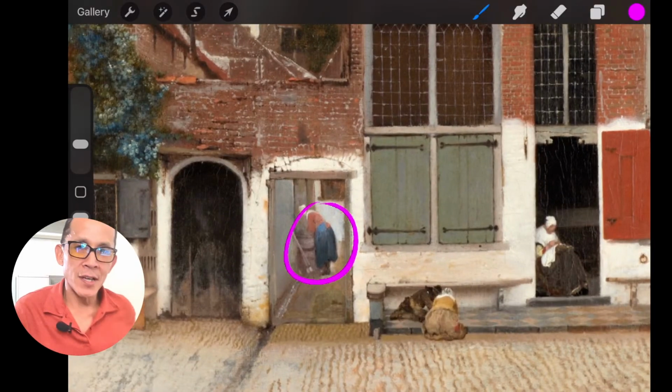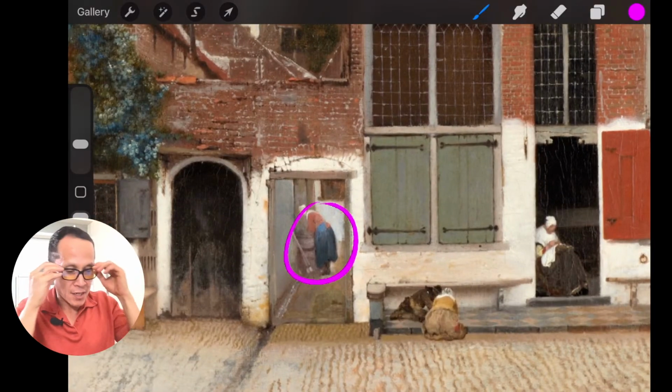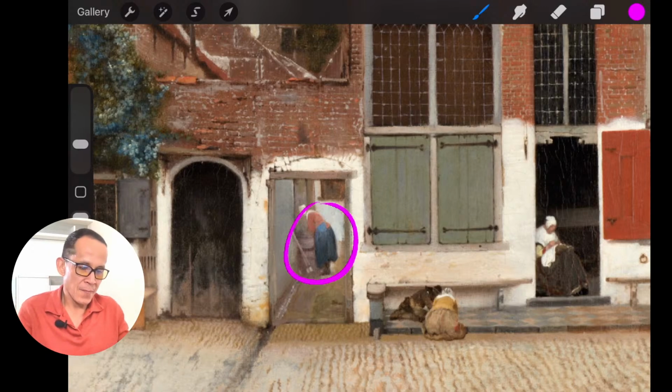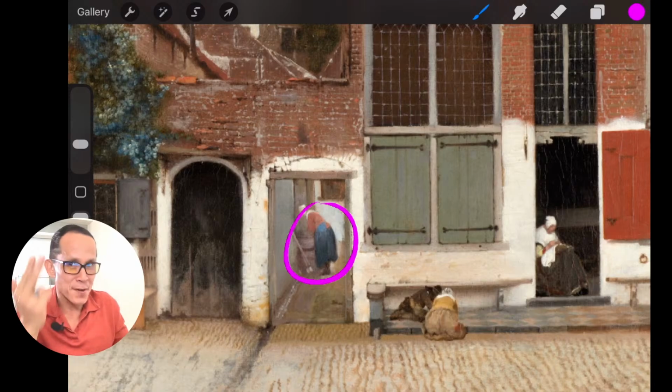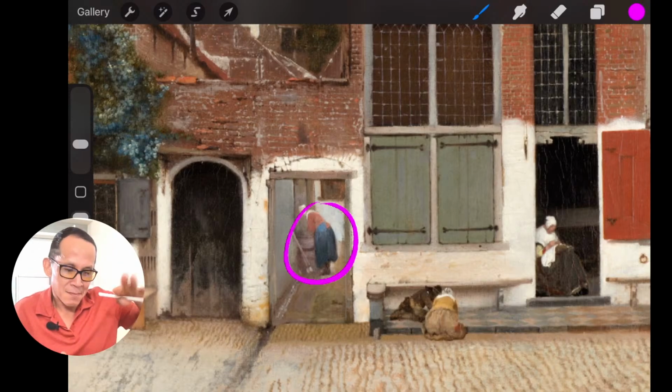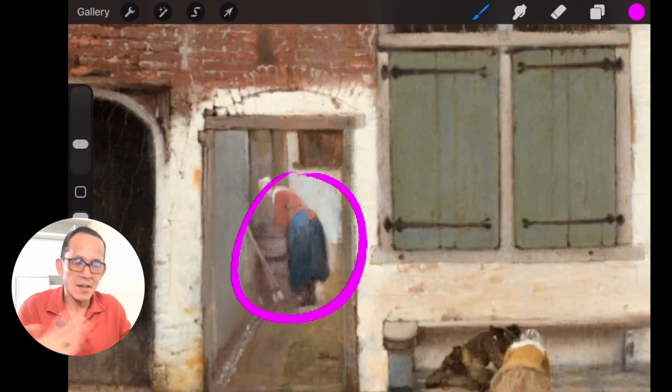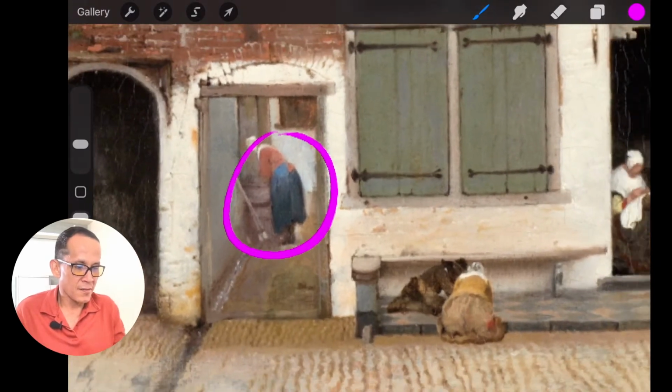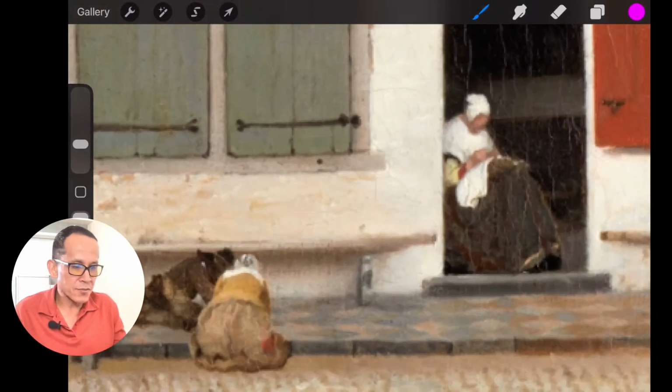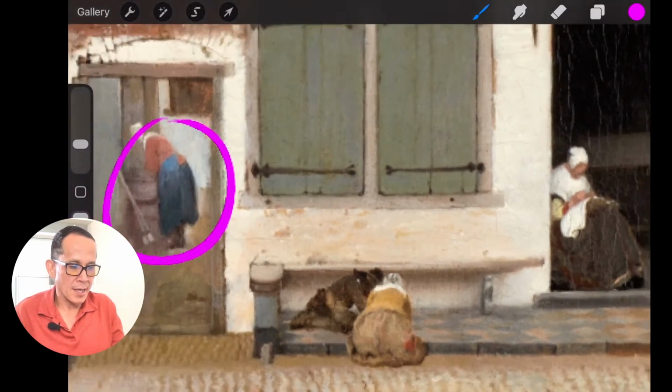when I do composition studies, we're doing a composition color study here. I try to get into what was he thinking at the time when he made that mark? What was he thinking at the time when he designed that triangle shape? What was he thinking at the time when he chose this color? He could have made her ochre. He could have given her a brown skirt like her mom, like his aunt.